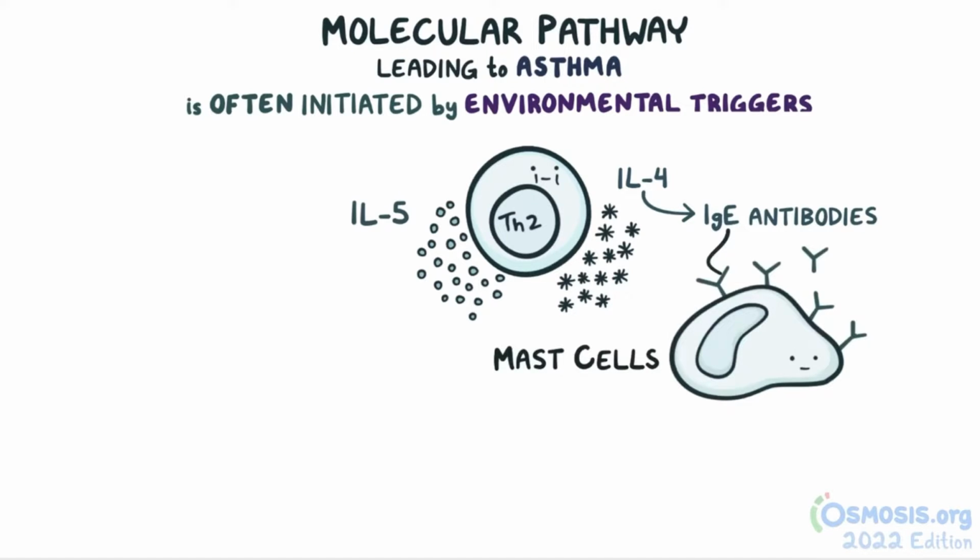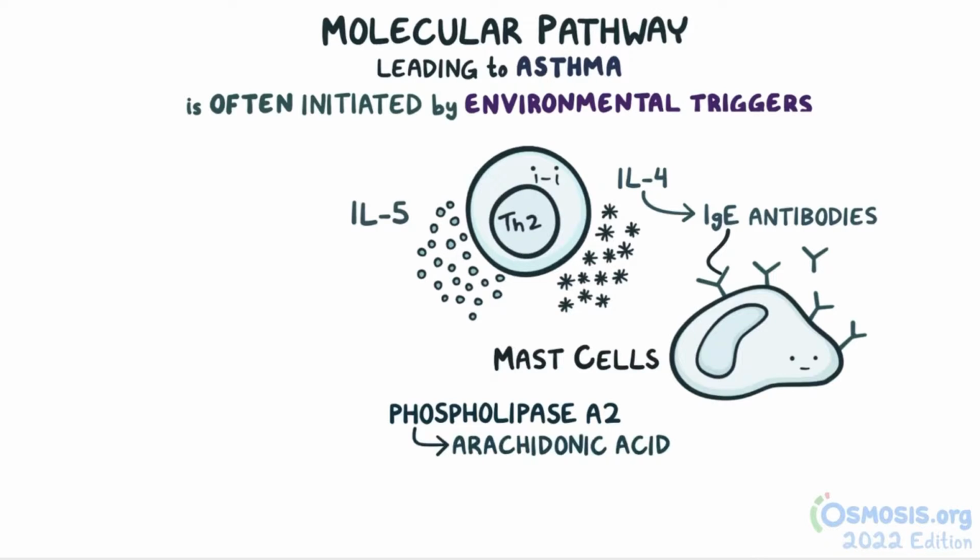These mast cells use an enzyme called phospholipase A2 to take membrane phospholipids and make a 20-carbon polyunsaturated fatty acid called arachidonic acid. Arachidonic acid is then metabolized by two important enzymes. One is cyclooxygenase 2, or COX-2, which makes prostaglandins.